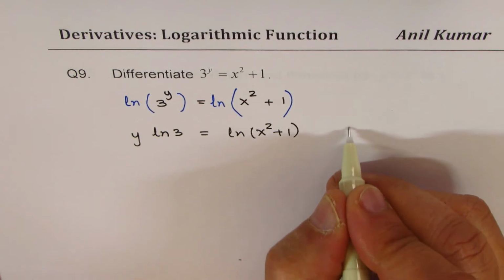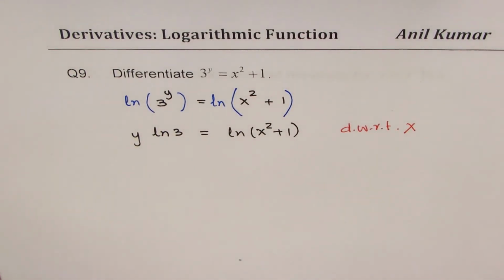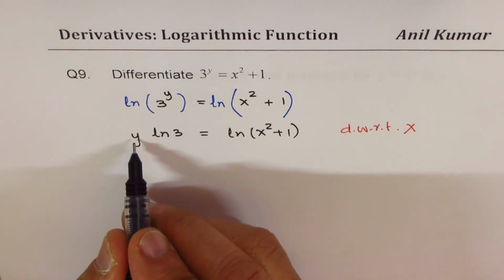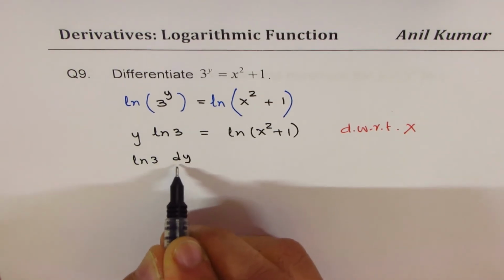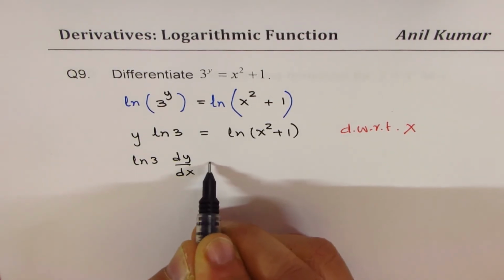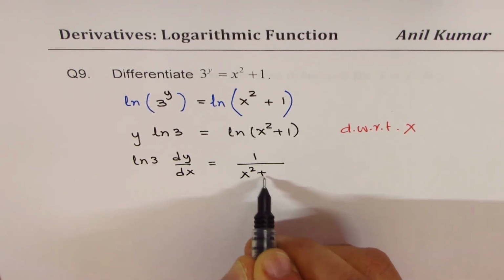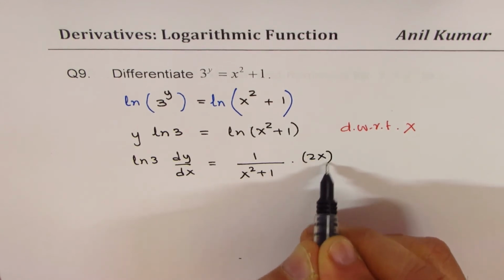Now differentiate both sides with respect to x. So ln 3 is a constant, right? So we get the derivative of y as 1. So we get ln 3 dy/dx equals 1 over (x squared plus 1) times the derivative of the inside function, which is 2x.